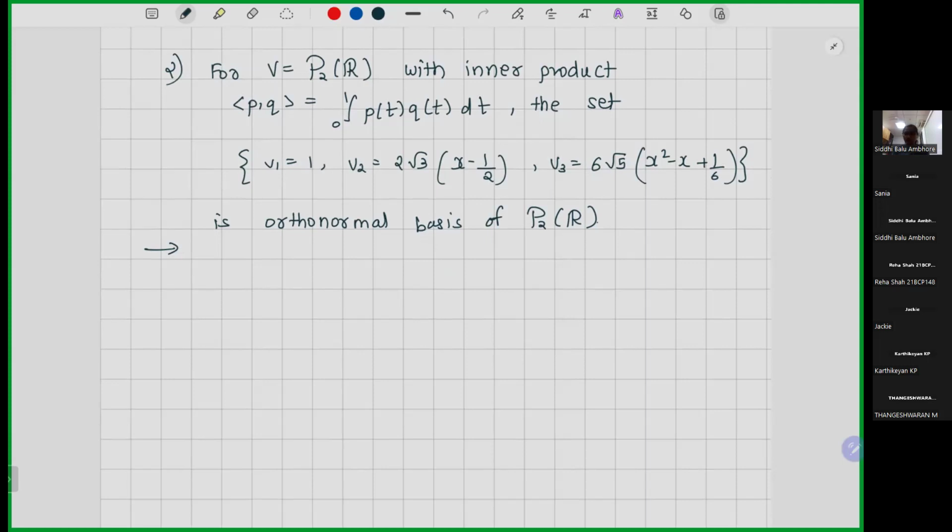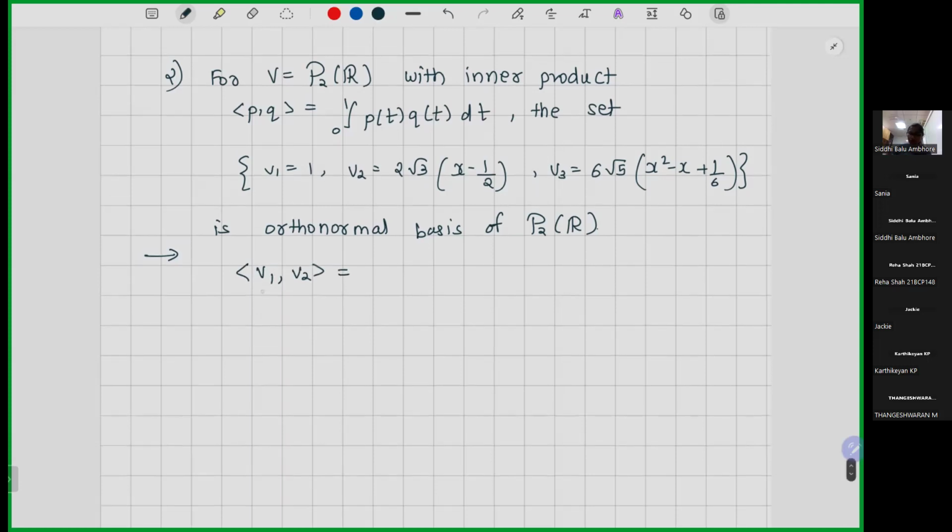So let us start checking. First one, the norm of V1 is 1 itself.